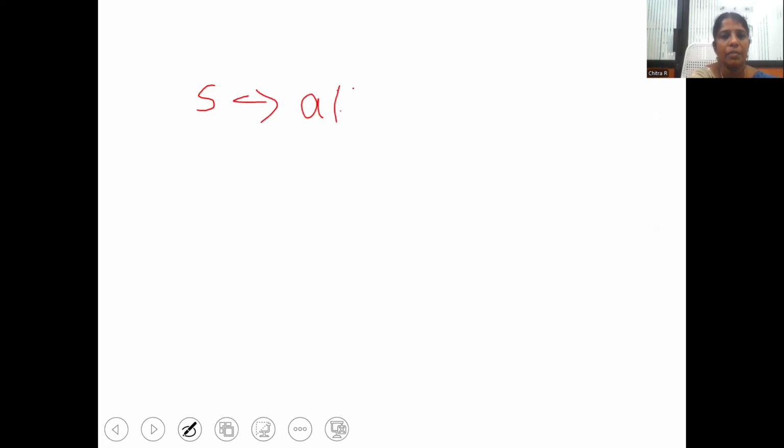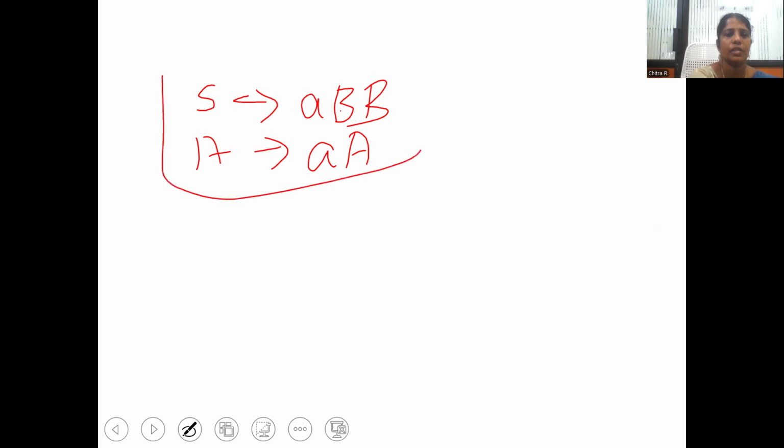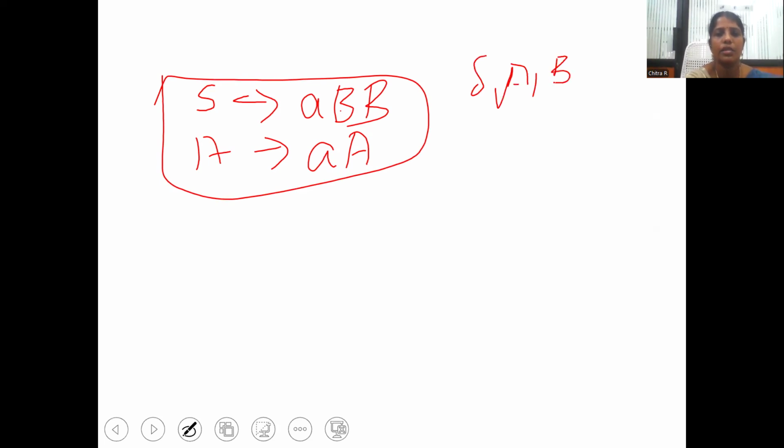We can design one more pushdown automaton. For example, consider a pushdown automaton with productions S tends to ABB and A tends to aA. If I am going to design a pushdown automaton for these given productions, what are all the variables? Yes, A and B are the variables, and what are the terminals?